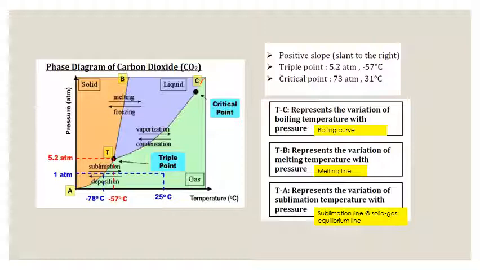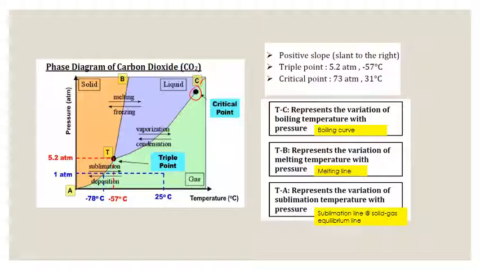Okay, and then temperature untuk triple point adalah negatif 57 degree Celsius. And then untuk critical point-nya dia punya pressure adalah 73 atm. And then dia punya temperature 31 degree Celsius.